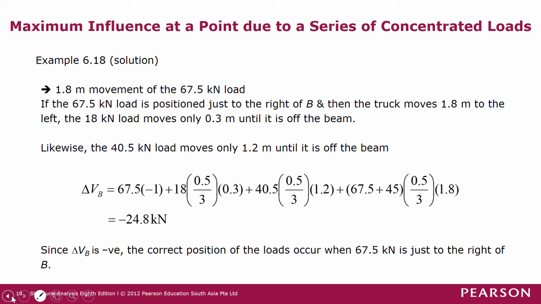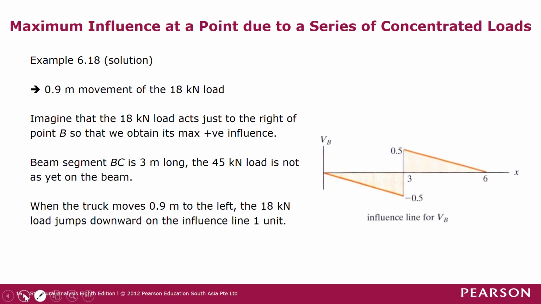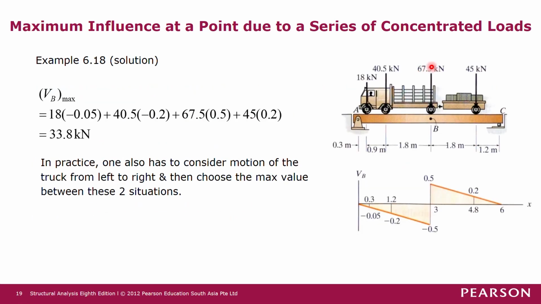So in this case, what we want to see is that when this 67.5 kilonewton force moves by 1.8 meter, meaning that this 67.5 kilonewton force will move from here to here. At the same time, this 40.5 kilonewton force will move from here to there, and then the 18 kilonewton force will move out of the beam also.